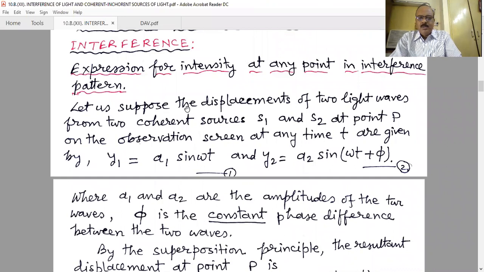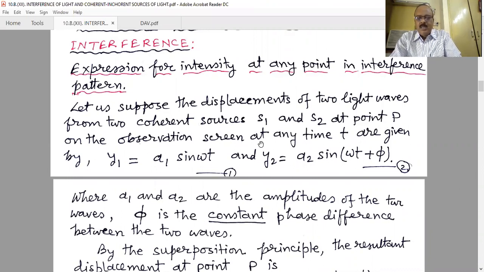Let us suppose the displacement of two light waves from two coherent sources S1 and S2. At last, we will learn about the coherent sources. What is the meaning of coherent sources? Now, light is coming from two coherent sources S1 and S2 at point P, any point on the screen or place where we have to observe it.